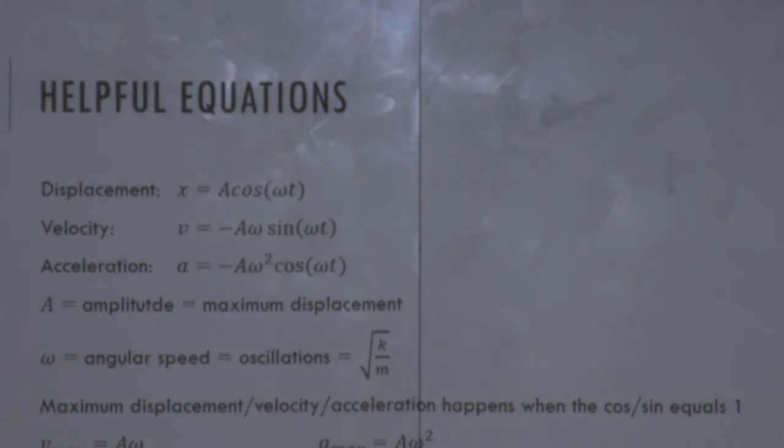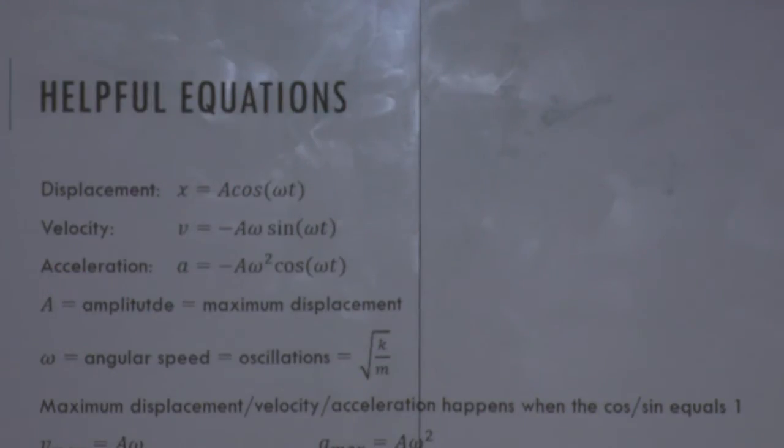Omega is your angular speed, so that is exactly the omega that you were using before, which is also your oscillations, and that is equal to the square root of your spring constant over the mass of your thing. Maximum displacement, velocity, acceleration happen when your cosine and sine are equal to 1. So you'll also note that your velocity will not be at a maximum when your acceleration is at a maximum, right?